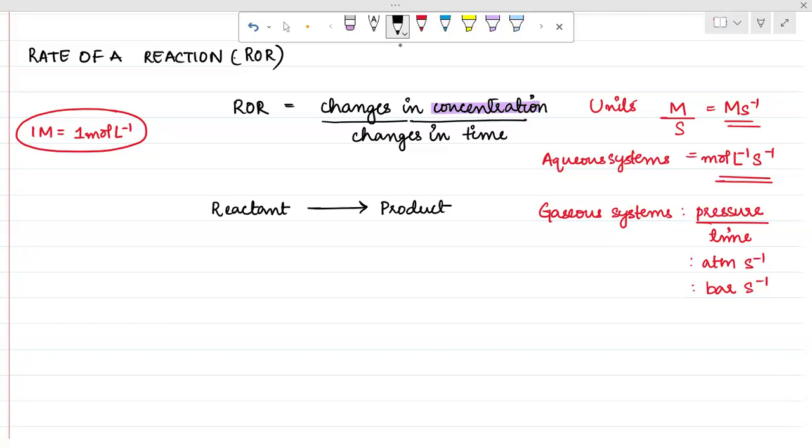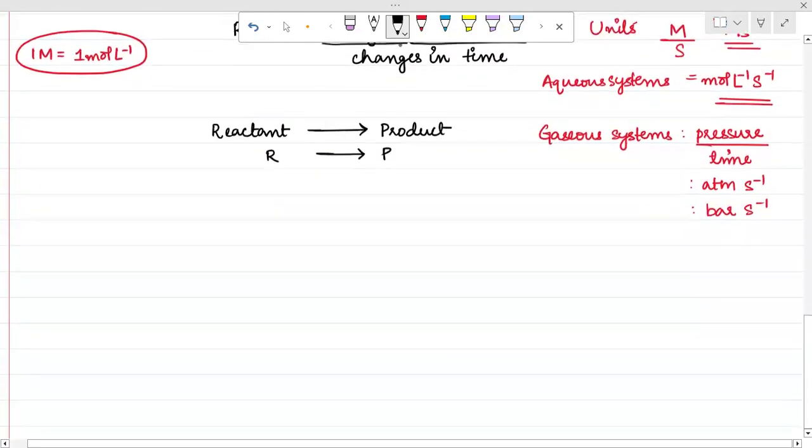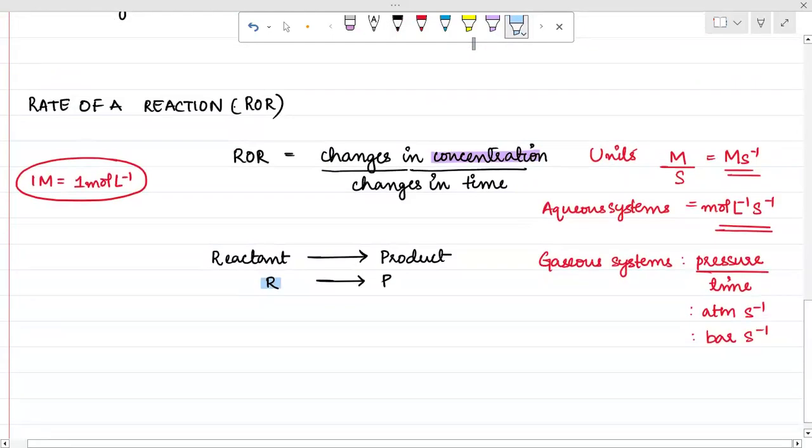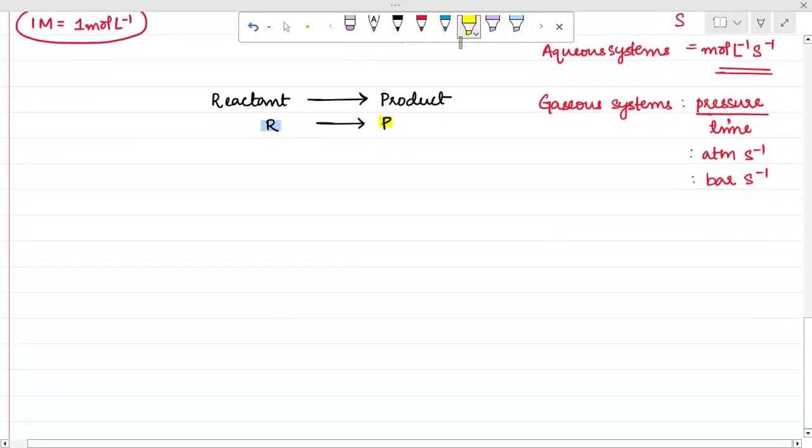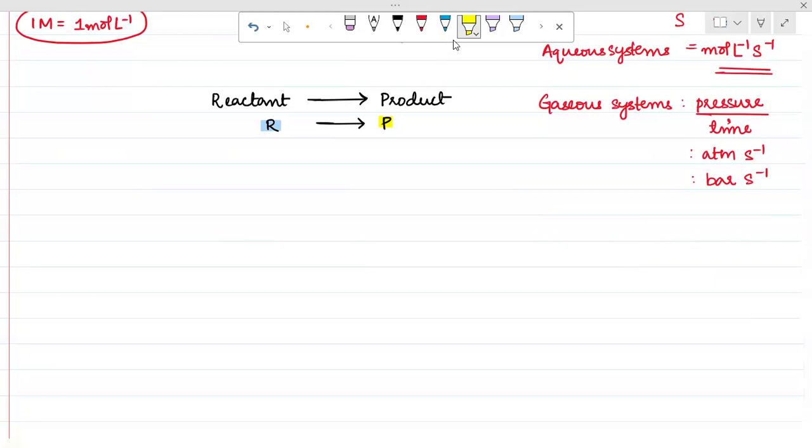So this is a reaction simplified as reactant R giving product P. You can write the rate of the reaction both in terms of reactant and in terms of product. Very important. For example, if you have to write the rate of the reaction in terms of the reactant.